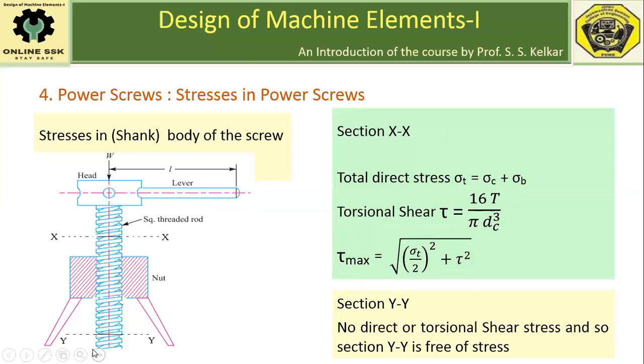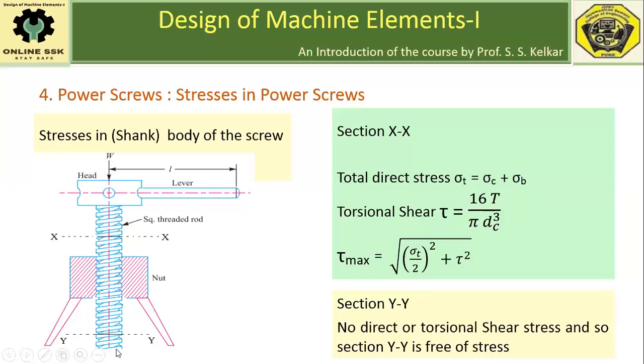Now, Tt amount of torque is transmitted through section XX, which will be utilized here to overcome the thread friction inside the nut over the interface of nut and screw threads. So there will be no torque to which this portion YY is subjected. There is no force to which this section YY is subjected.